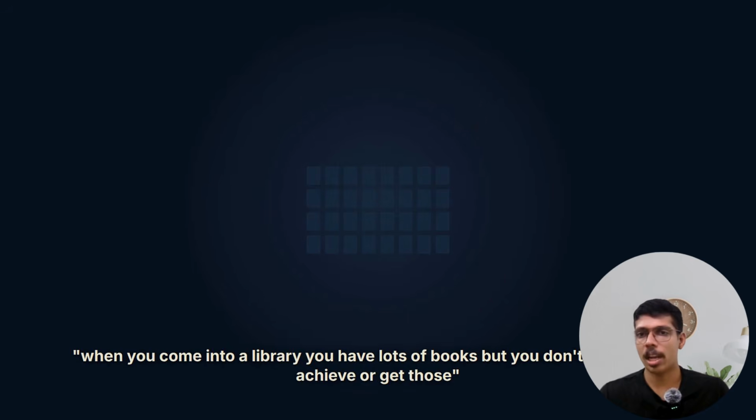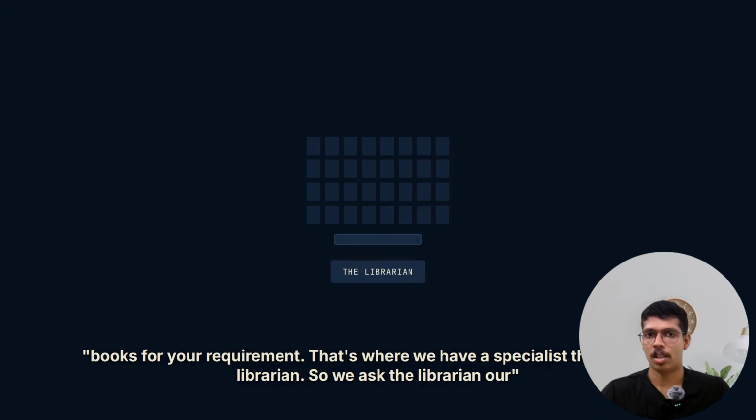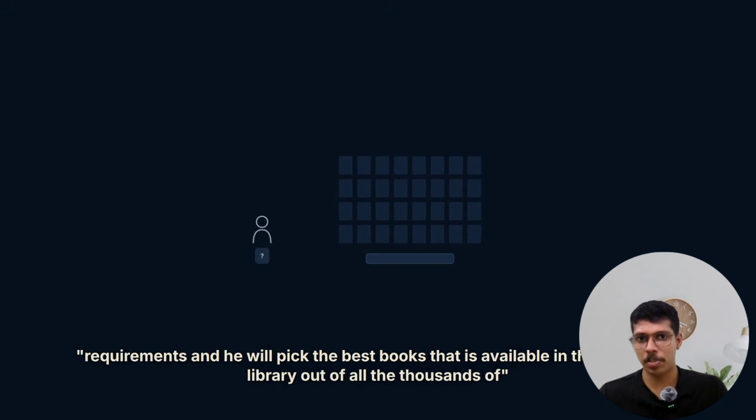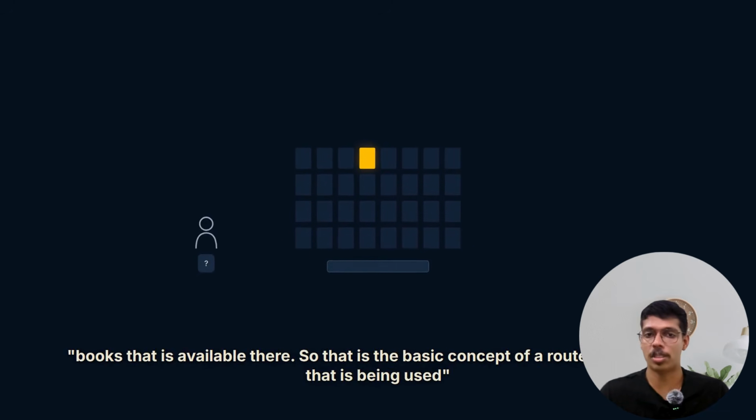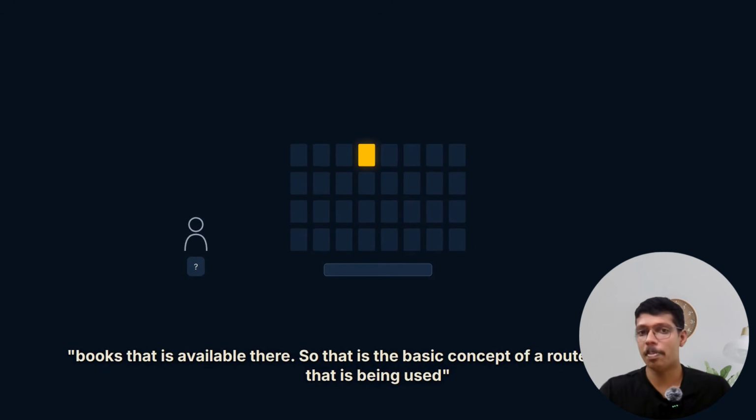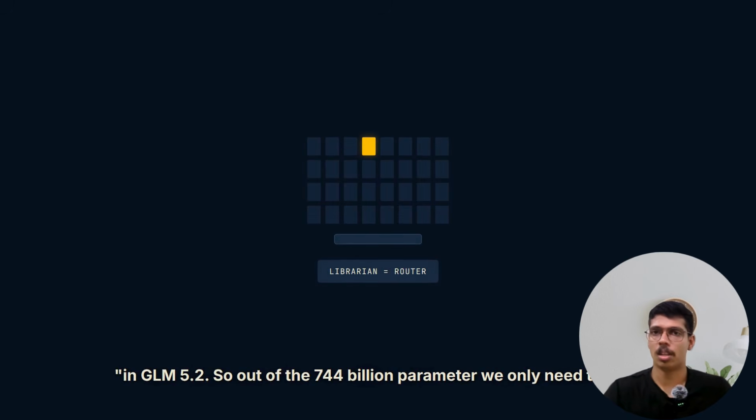When you come into a library, you have lots of books, but you don't know how to get the ones for your requirement. That's where we have a specialist called a librarian. We ask the librarian our requirements, and he will pick the best books out of all the thousands of books available in that library. That is the basic concept of a router in an MOE that is being used in GLM 5.2.